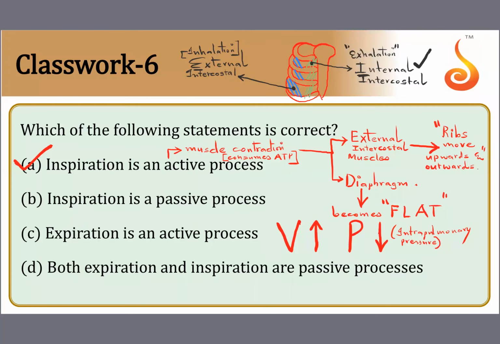And when pressure increases beyond the atmospheric pressure, whatever air is there in your lung will be pushed out of your system. So it will be thrown out. It will be ejected out of your lungs. That is called exhalation. So it all boils down to changes happening in the intrapulmonary pressure, the pressure within your lung. All right.